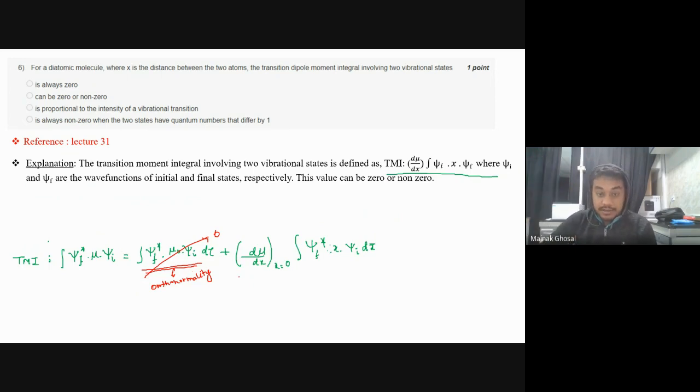Now the transition dipole moment will depend on these two terms. This is related to the gross selection rule, and this is related to the specific selection rule.